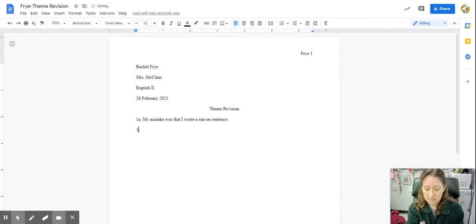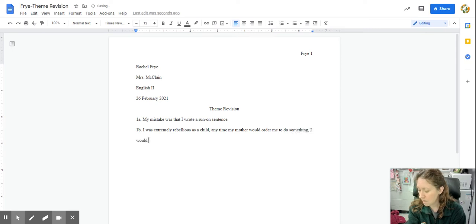All right, then you're going to hit 1B. For 1B, this is where you rewrite the sentence and correct the run-on. So this one says, I was extremely rebellious as a child, and it did say comma, anytime my mother would order me to do something, I would do the exact opposite.